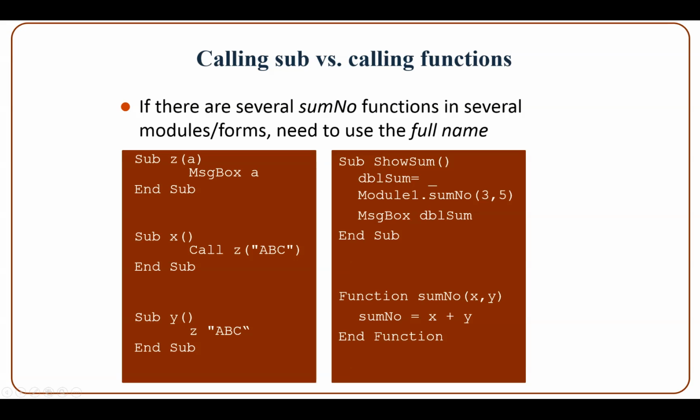So for example, in Module1, I have a function namely SumNum, and in Module2, I also have a function with the same name. Then when I call the function in Module1, I have to write Module1.SumNum.